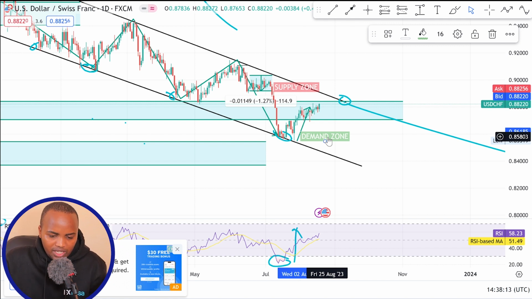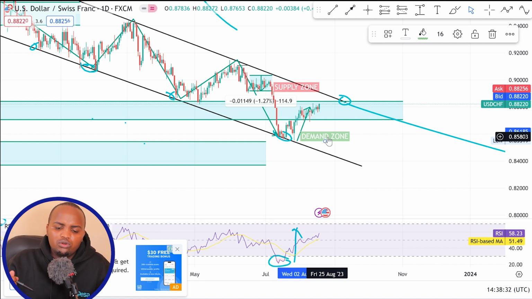When they increase the interest rate, the dollar will start gaining demand. People start having demand for the dollar, and then you see the dollar gaining strength. Let me explain this so that it cannot confuse you in the market.